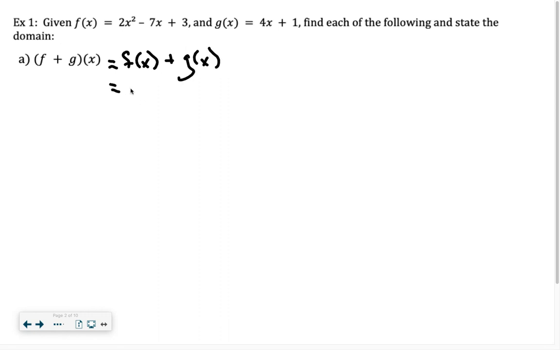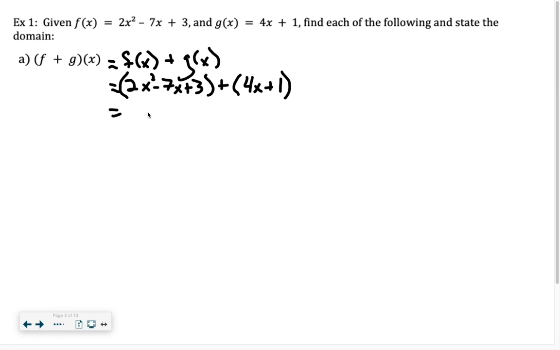So that's going to be 2x squared minus 7x plus 3 plus 4x plus 1. So when I'm adding, all I need to do is combine my like terms.